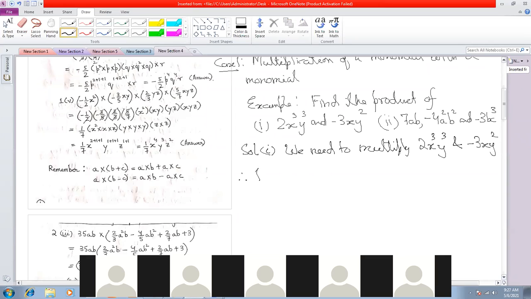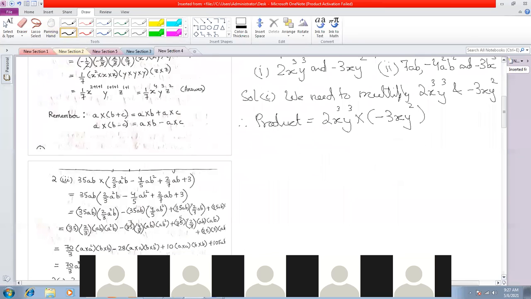We write therefore product is equal to 2x cube y cube into, because the second term is negative, so we introduce brackets because two signs cannot be together. Okay, so whenever you have to write two signs together, you give a bracket. Okay, so now what happens? See, you have a plus 2x cube y cube here, and you have a minus here. Plus and minus will combine to give you a minus sign.